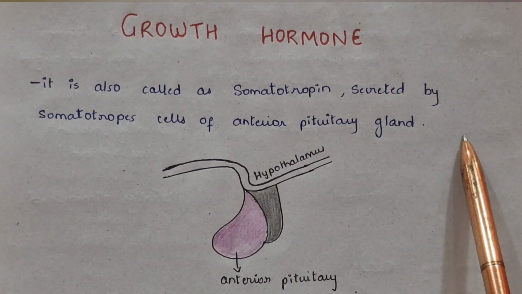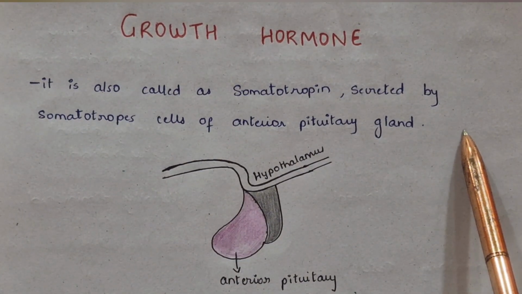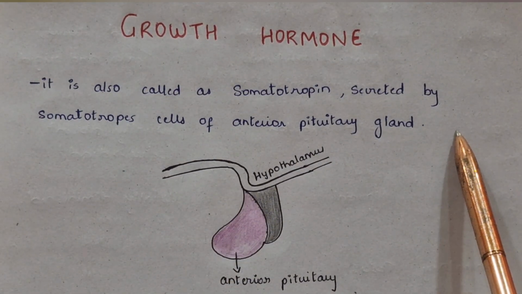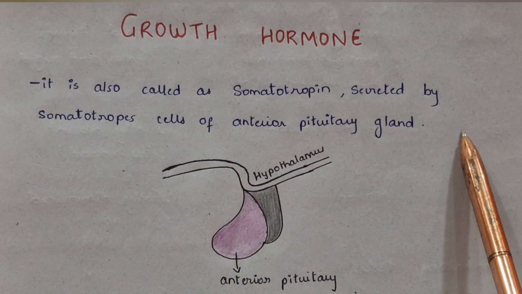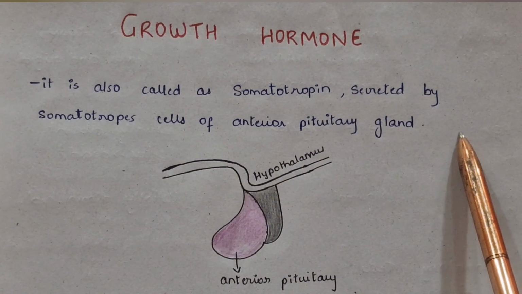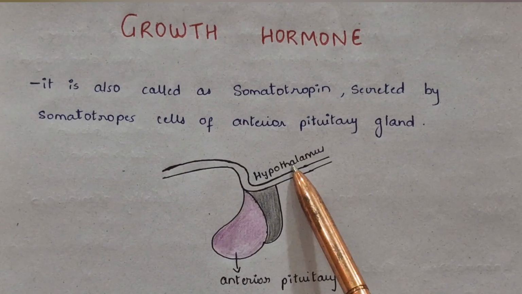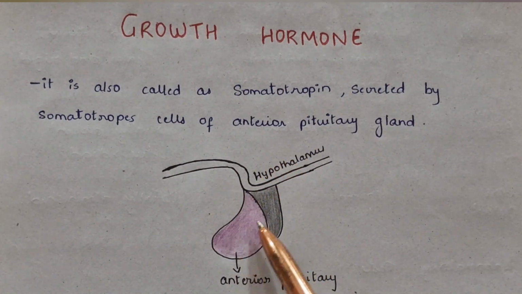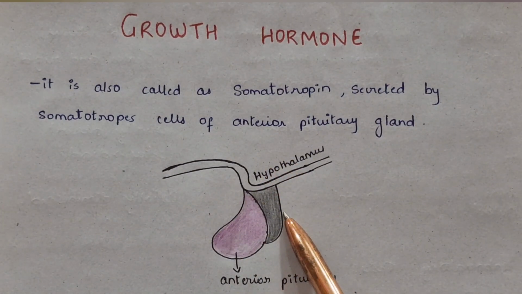Growth hormone is also called somatotropin, which is secreted by the somatotrope cells of the anterior pituitary gland. So, this is the hypothalamus, the anterior and the posterior pituitary gland.